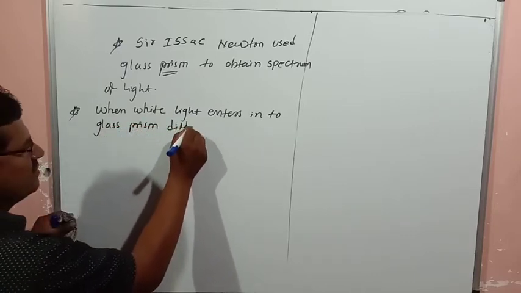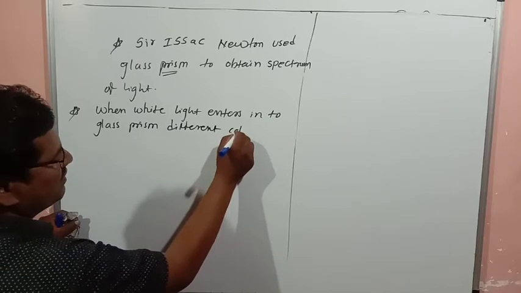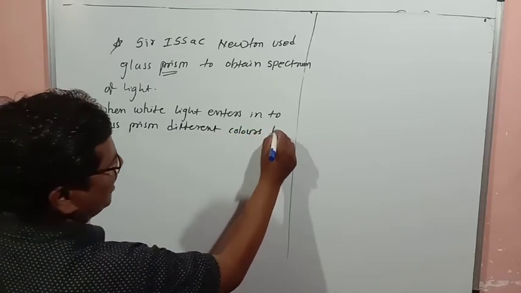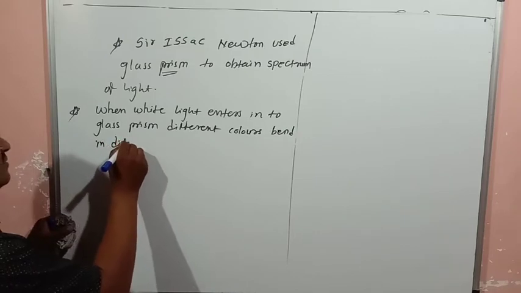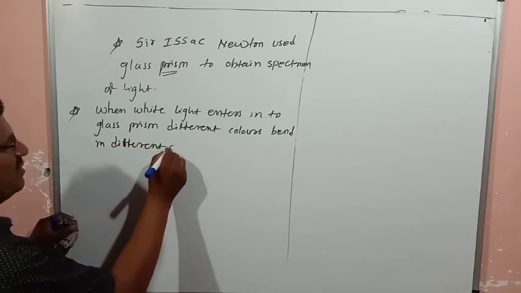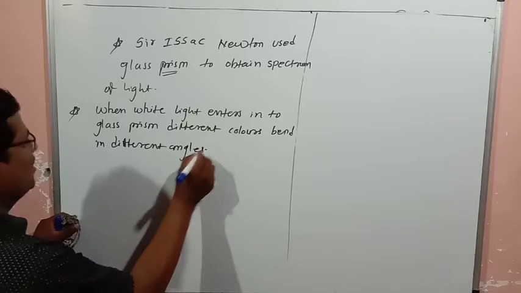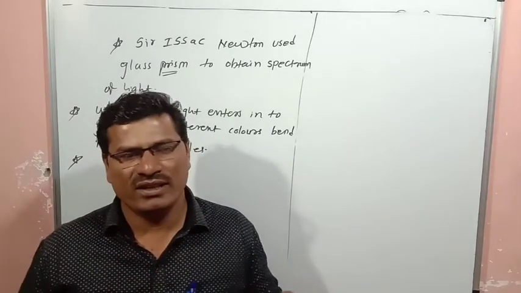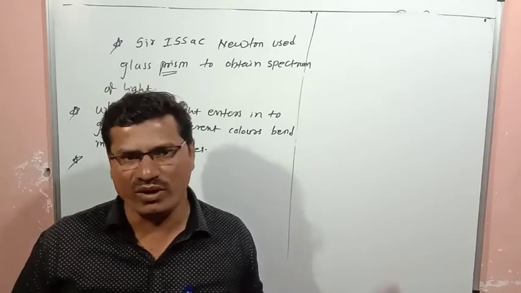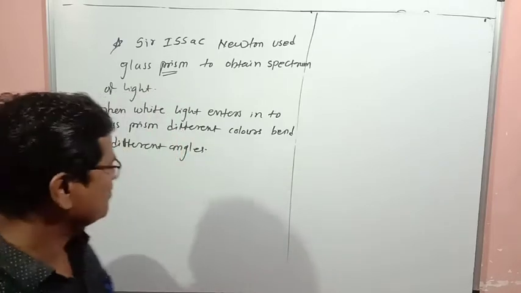Then next point is, red color bends least and violet color bends the most.